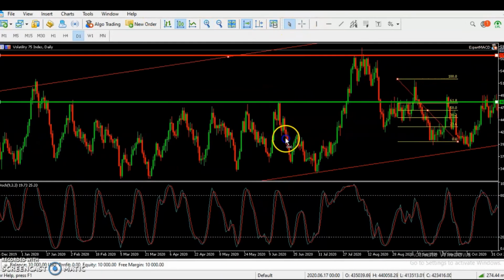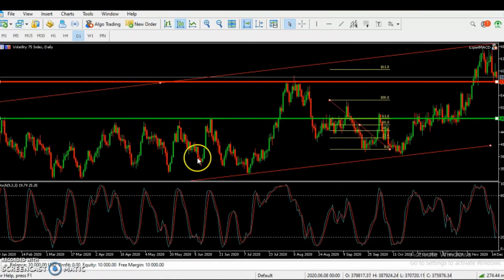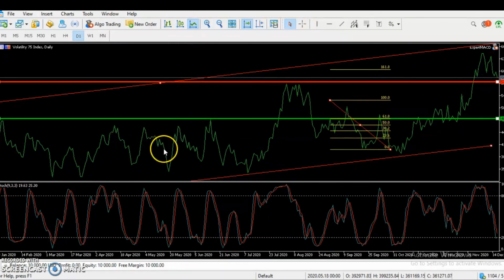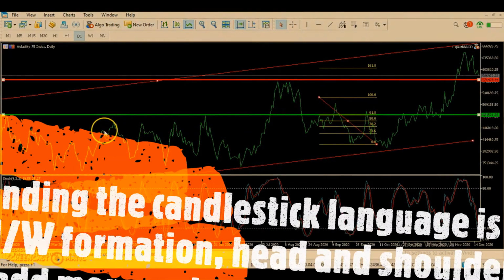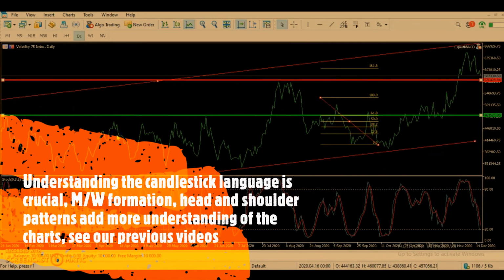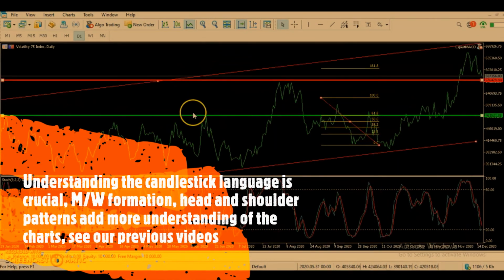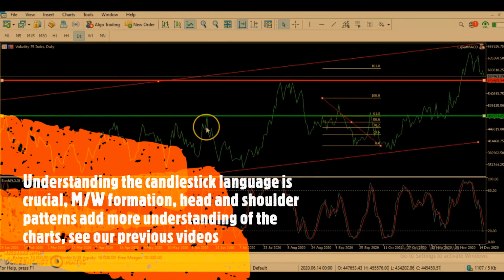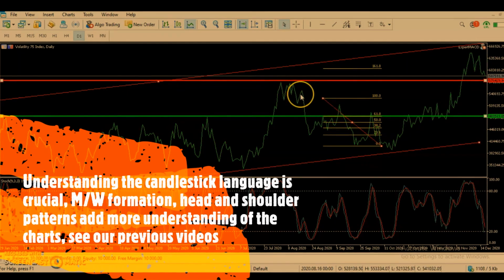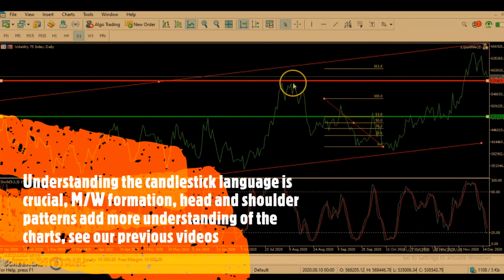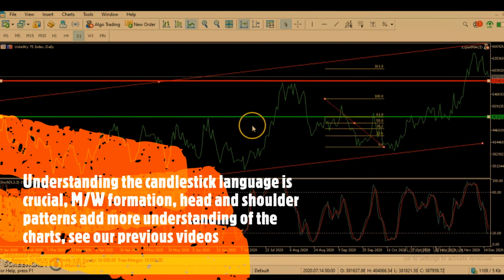You remember we said this was the M. This is another good M. Let me put a line graph so that you can see these M's. You can see this M, all these tops here. Here it is, another slanting M, a very good consolidating M, which also gave a false impression of the W. So watch out for these things.